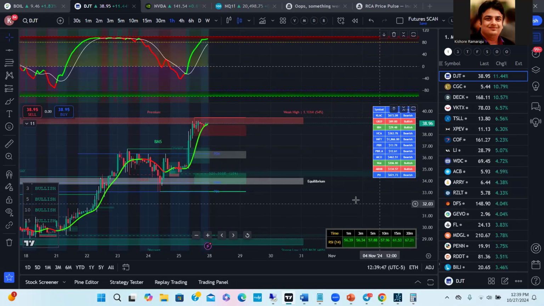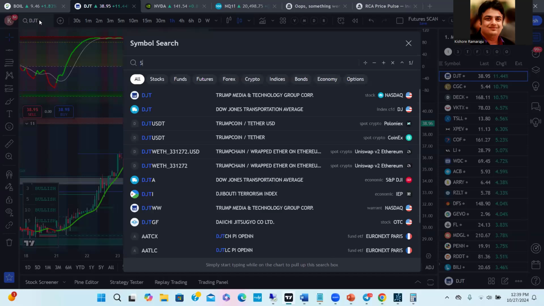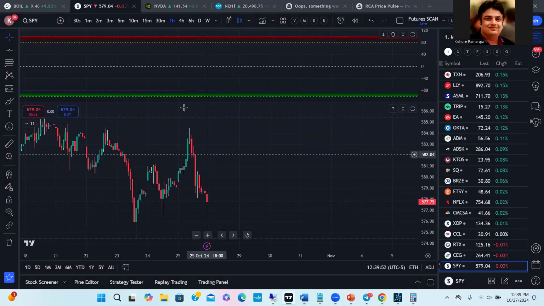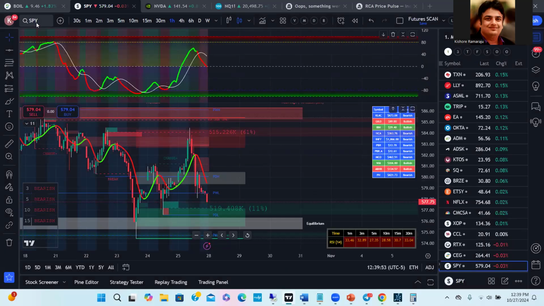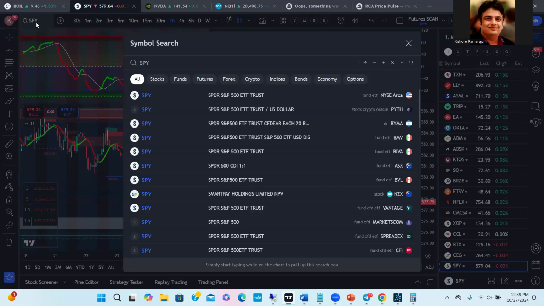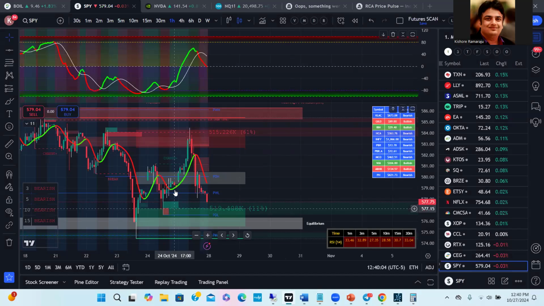When you are doing SPY, it is like a combination of 500 companies, the S&P 500. Based on how those 500 companies are moving, it will move. So you cannot easily manipulate it.